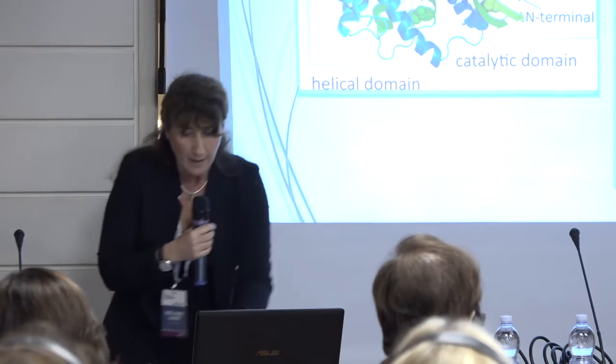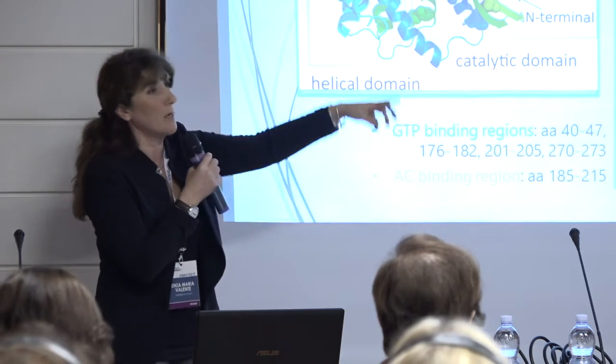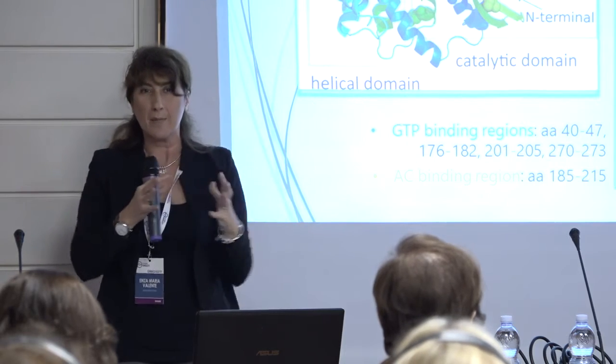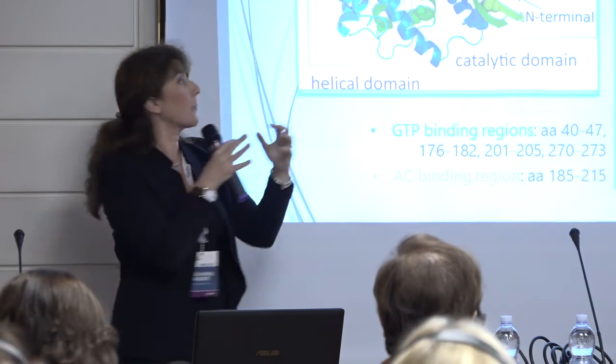This is the unrolled protein, as you can see, and you can see that the regions that bind this part are scattered on the protein, but then we have a pocket, a single pocket that is set up once again.